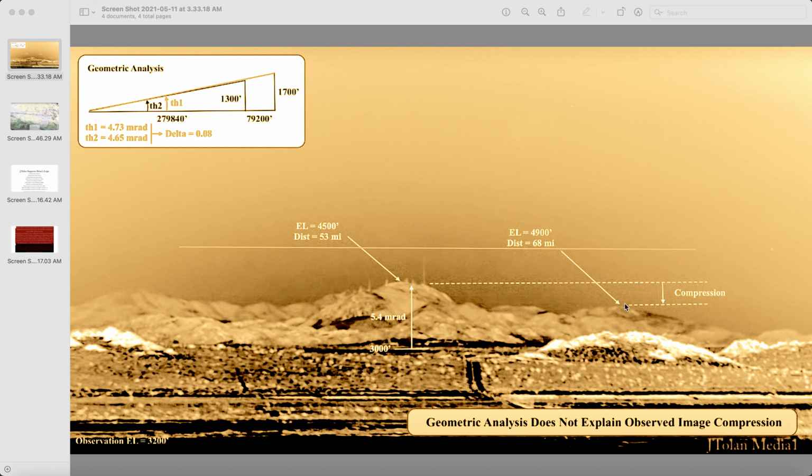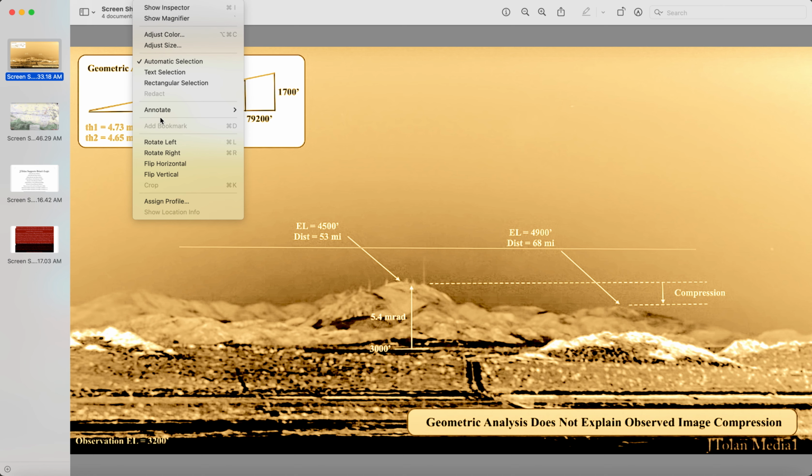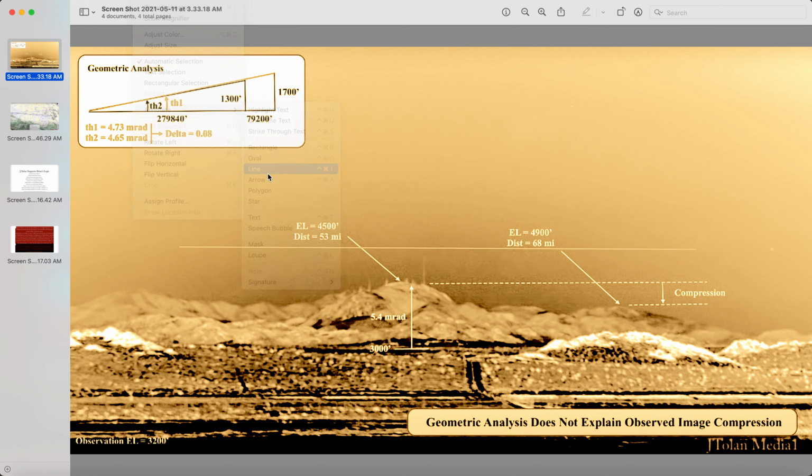There's another one over here that's 68 miles, that's 15 miles past this one. That's 4,900 feet above sea level. So this mountain here is higher than this mountain, and they're both way higher than his elevation height, right?